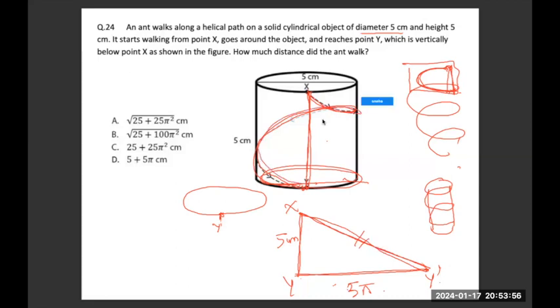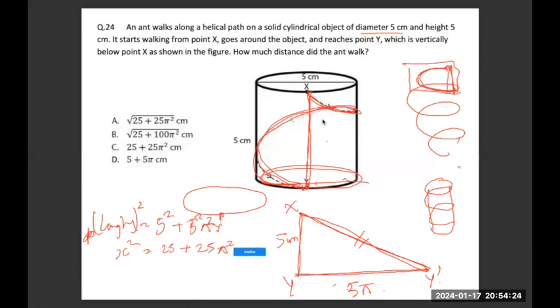The length squared will be 5 squared plus 5 pi squared. So x squared equals 25 plus 25 pi squared. So x will be root of 25 plus 25 pi squared, which means option A is correct here. Any doubts, any questions in this?